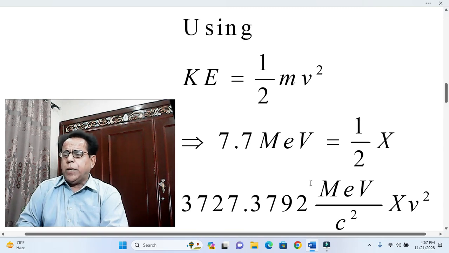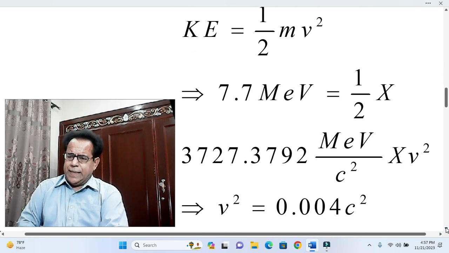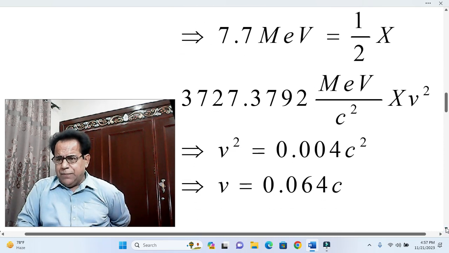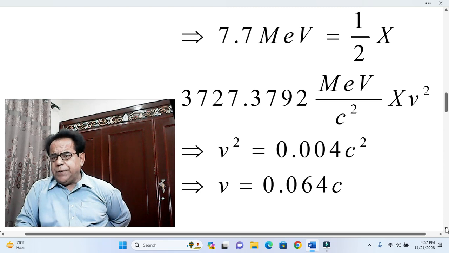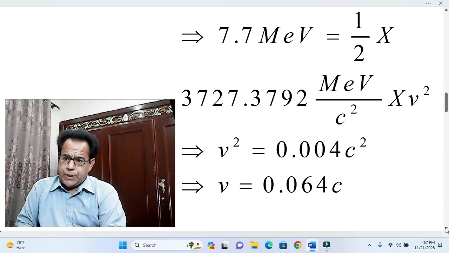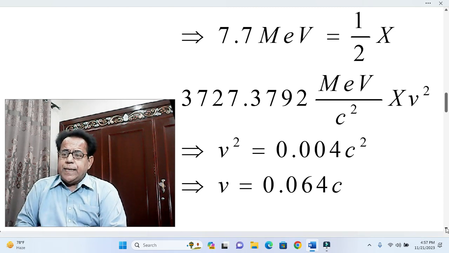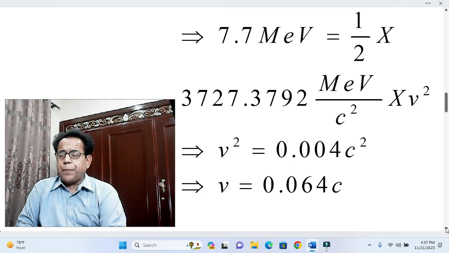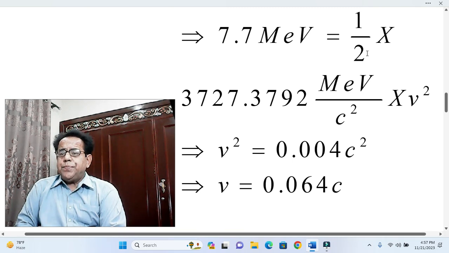Anyhow, we have not used this form, we have put these values in this way. Now v square will become equal to half into this, which we have just simplified.